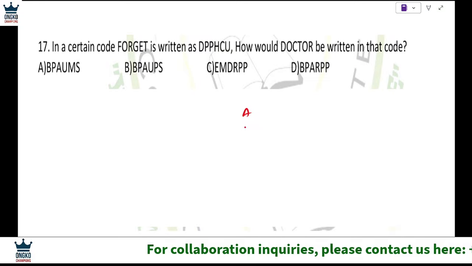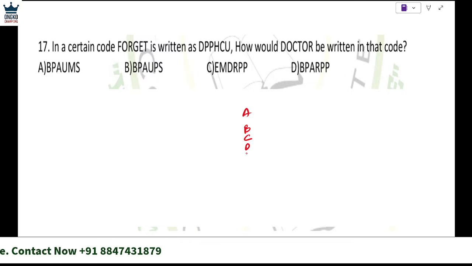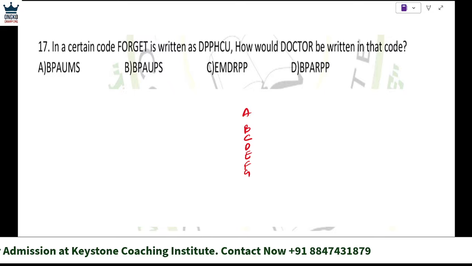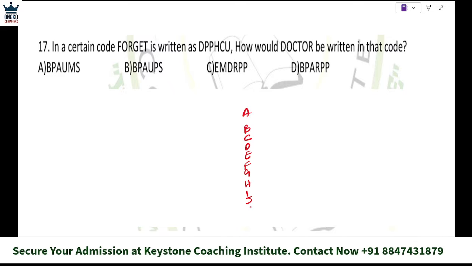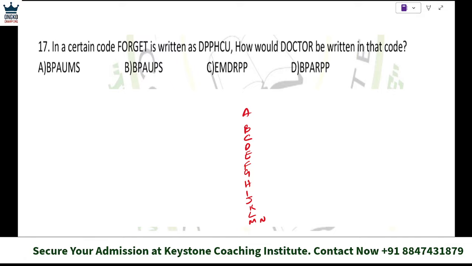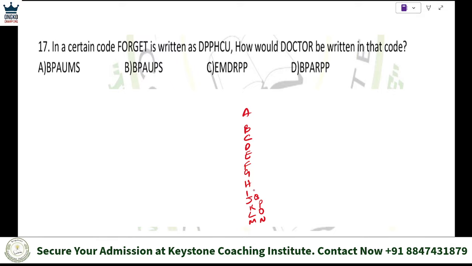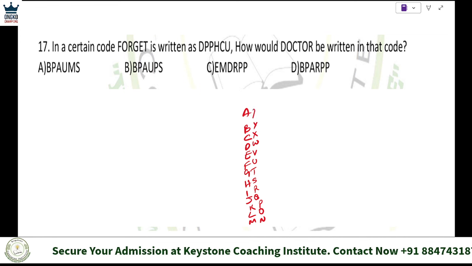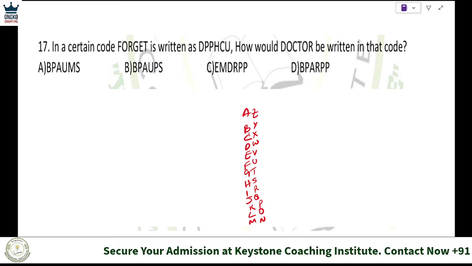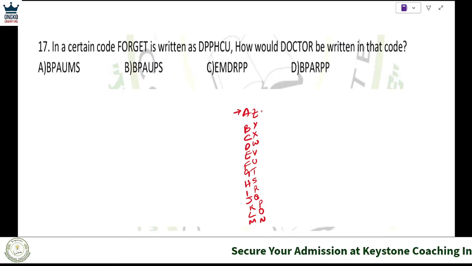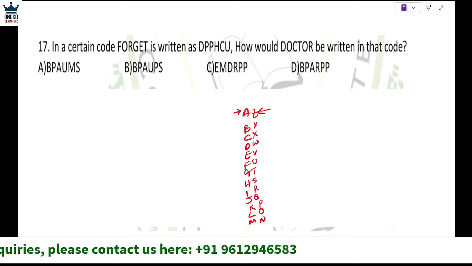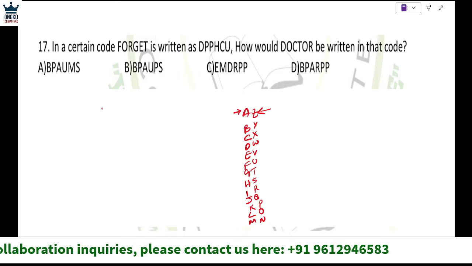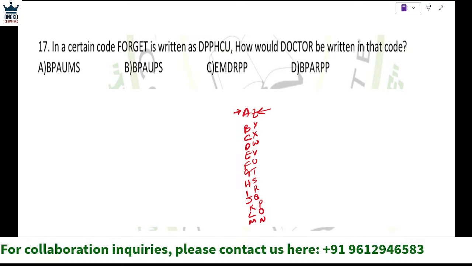A, B, C, D, E, F, G, H, I, J, K, L, M, N, O, P, Q, R, S, T, U, V, W, X, Y, Z. Sometimes A to Z is the opposite letter, so for that case you can write it horizontally. So FORGET becomes DPPHCU.